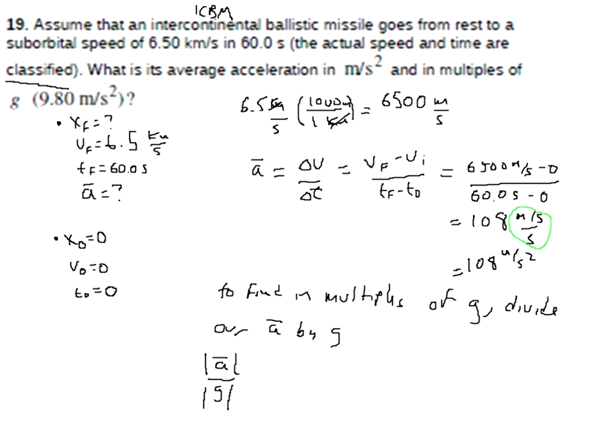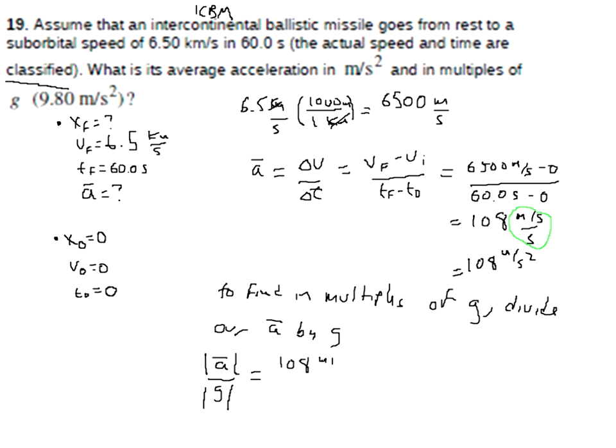Typically, g is described as negative 9.8. Here it's stated as positive 9.8. g is an acceleration that is directed towards the center of the Earth. a is an acceleration upward in this case, but that's not relevant here. We just want to know the ratio of their magnitudes.